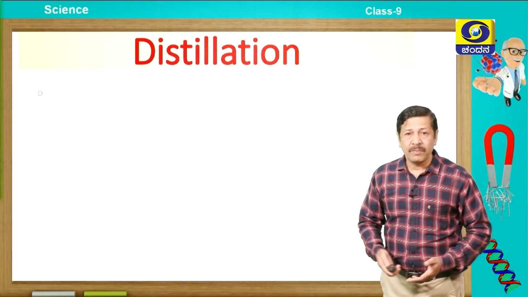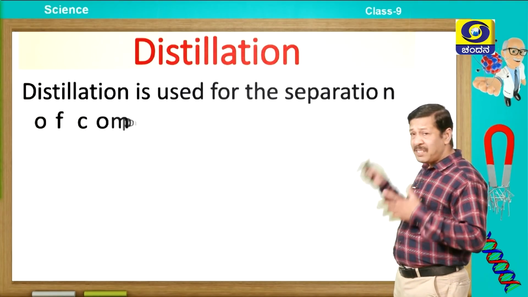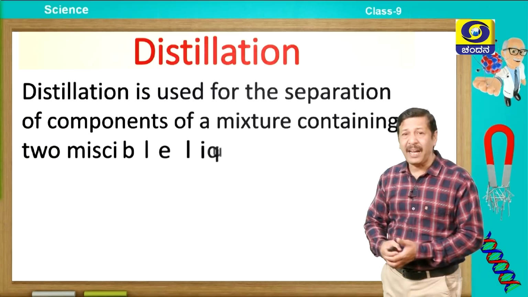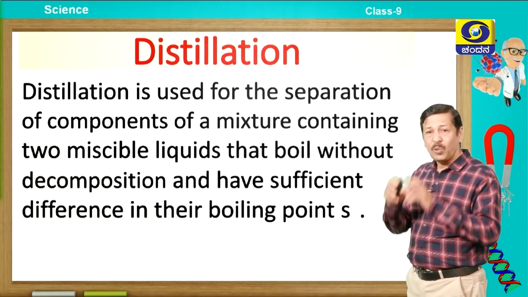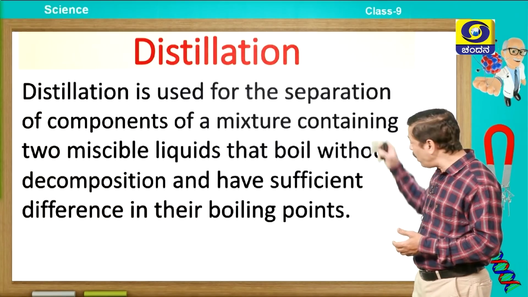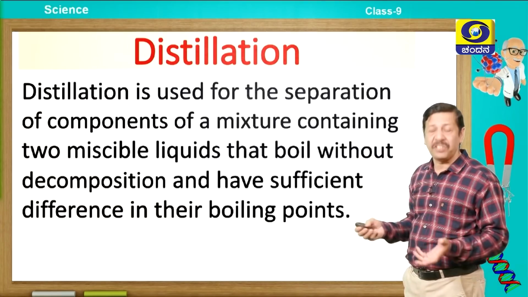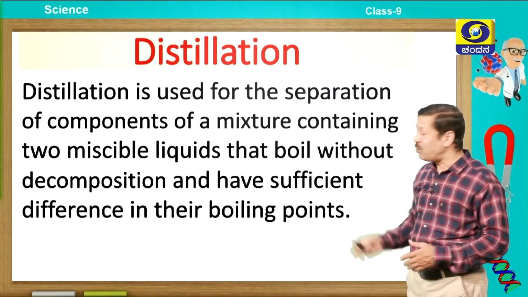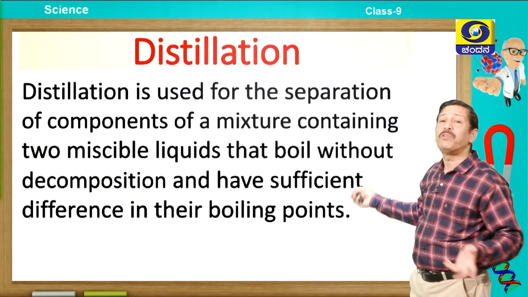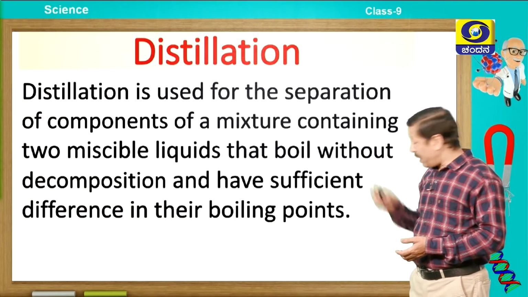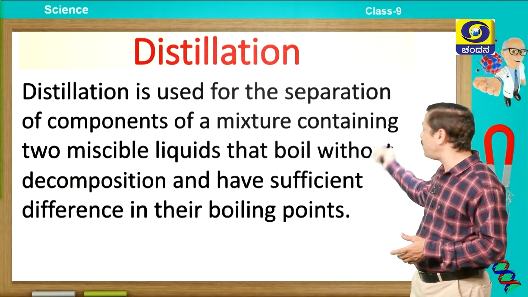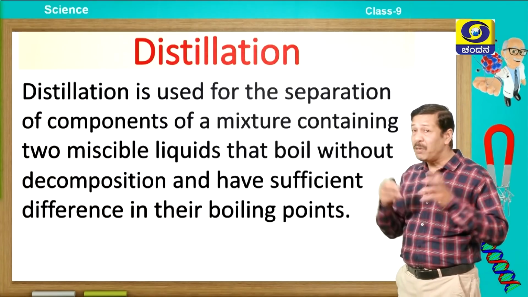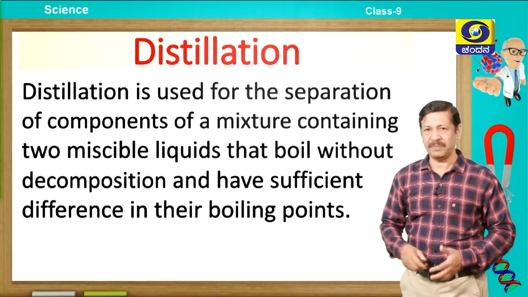Now, distillation is used to separate the components of a mixture containing two miscible liquids that boil without decomposition. You should remember, they should boil without decomposition, and also they should have a sufficient difference in their boiling points, then only are we able to use distillation.